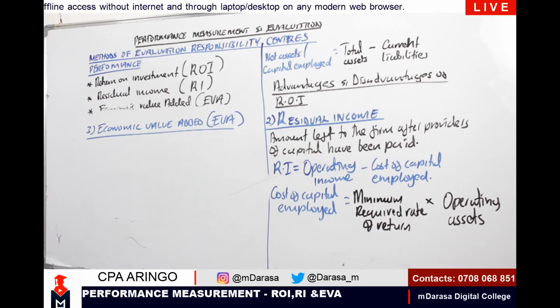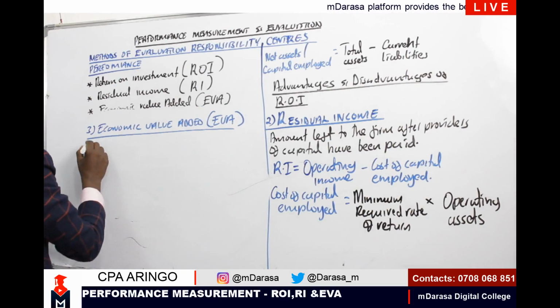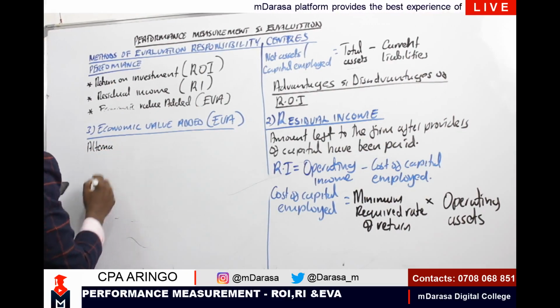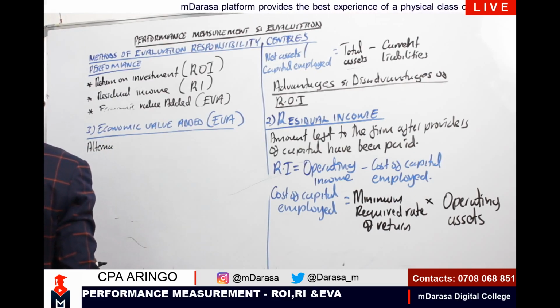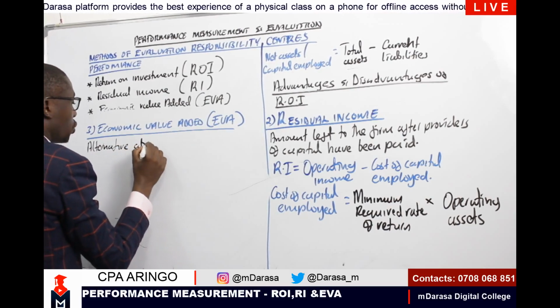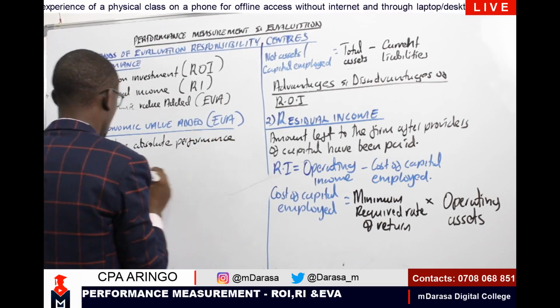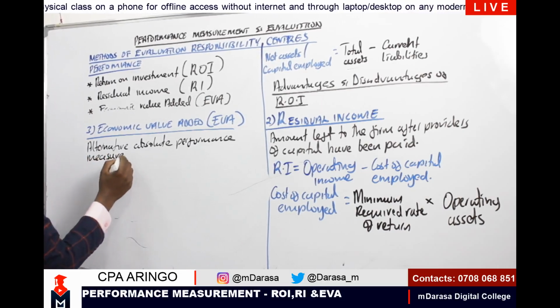So, when we are talking of EVA, my good students, what should come at the back of our mind? EVA is something we normally take as an alternative absolute performance measure.